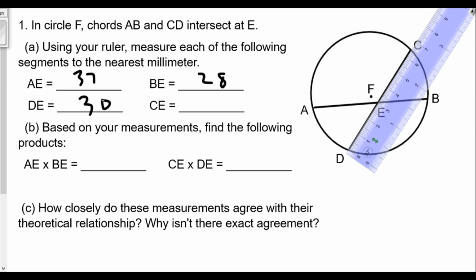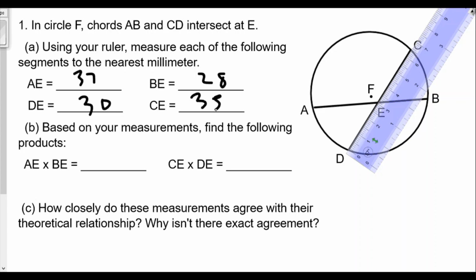And from E to C, it looks like about 3.5 centimeters, so 35 millimeters.